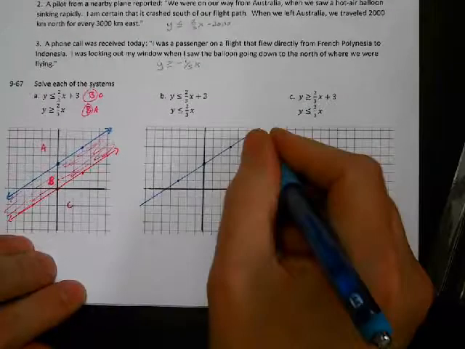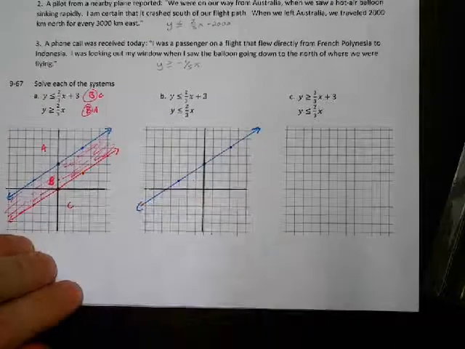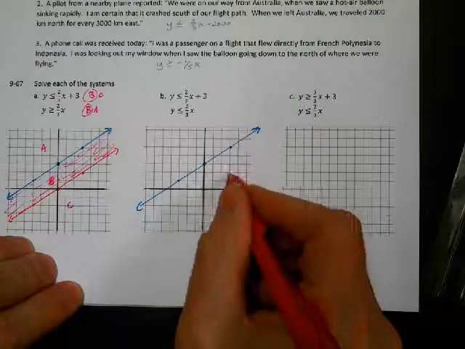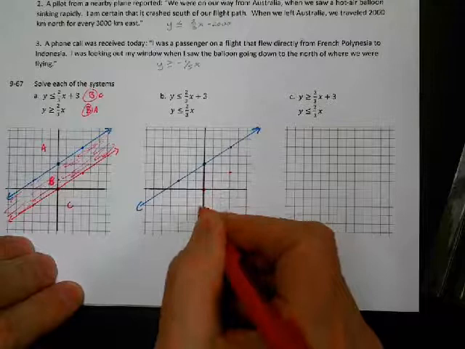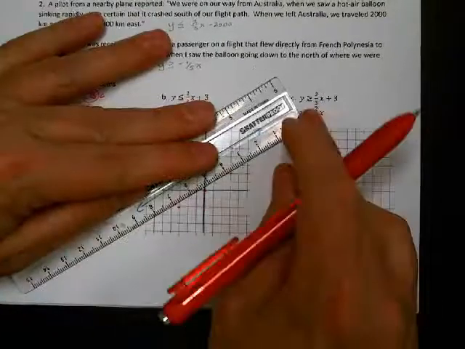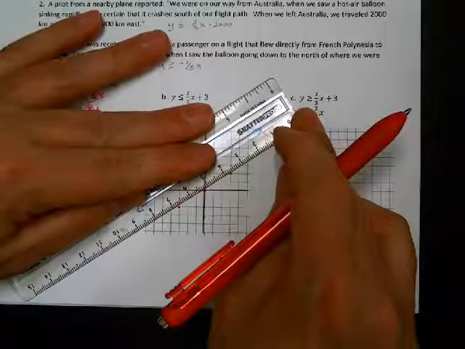Red one. We have going through the origin, goes up 2 and over 3, or down 2 and backwards 3. All right, we got that bad boy in there now.